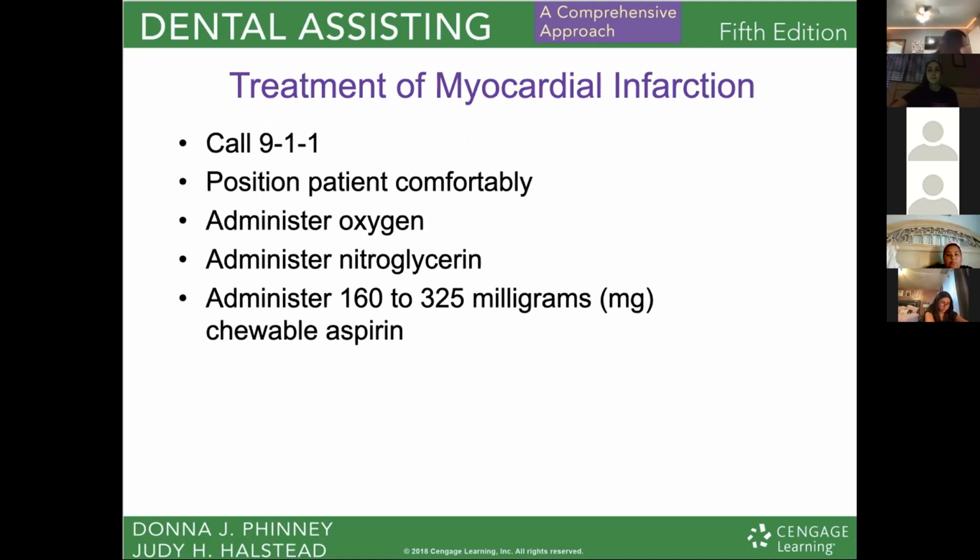Okay, so normal dosage of over-the-counter aspirin is usually about 81 milligrams. So if you're giving them 160 to 325, you want to give them 2 to 4 pills of chewable aspirin. Okay, and have them chew it. And the reason why we want chewable aspirin is because we want them to start digesting it quickly. We want to get them to put it in their bloodstream as soon as possible.